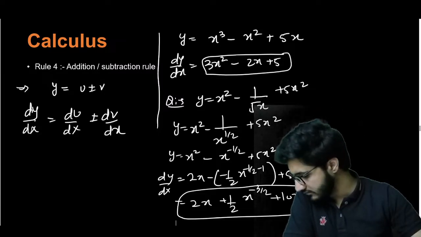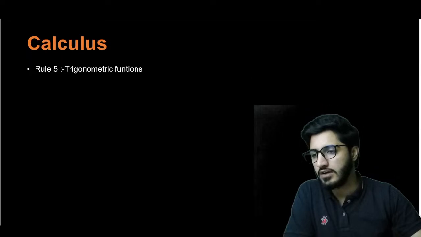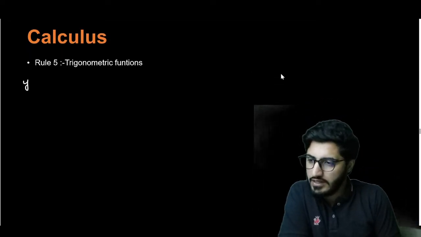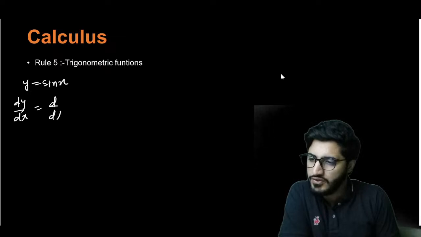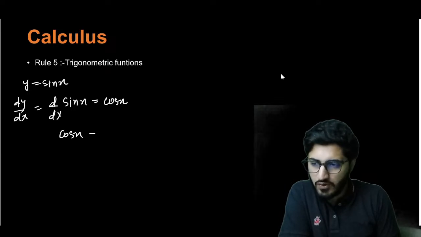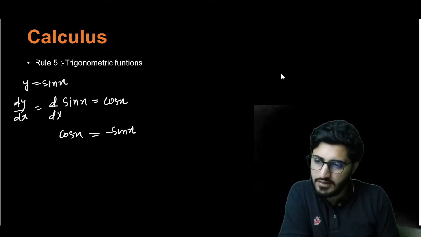Clear? Now we are having trigonometric functions. If y is equals to sine x, what will be the differentiation of it? dy by dx of sine x. Differentiation of sine x came out to be cos x. In the same way, differentiation of cos x is minus sine x.